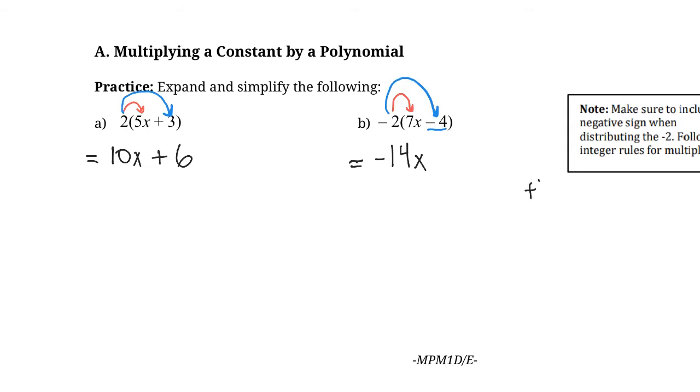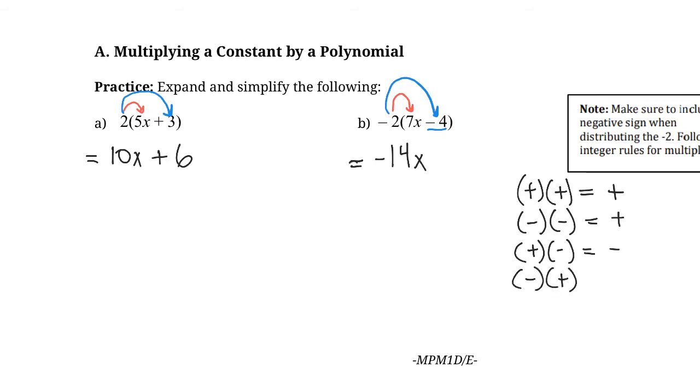A positive multiplied by a positive will give you a positive. A negative multiplied by a negative also gives you a positive. A positive and a negative make a negative. And a negative and a positive, doesn't matter about the order, still gives you a negative.